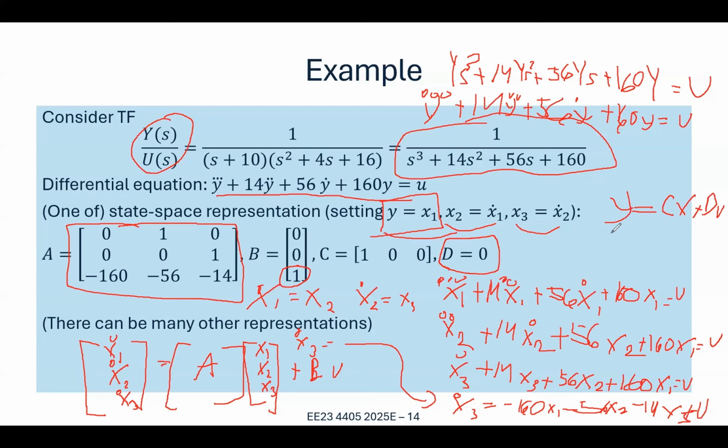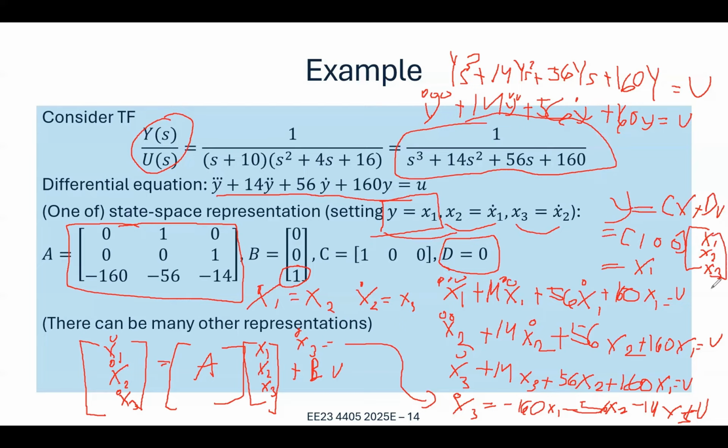So y is 1 0 0 times x1, x2, x3. Obviously y is just x1.